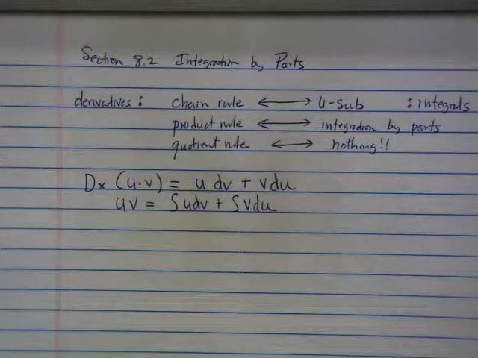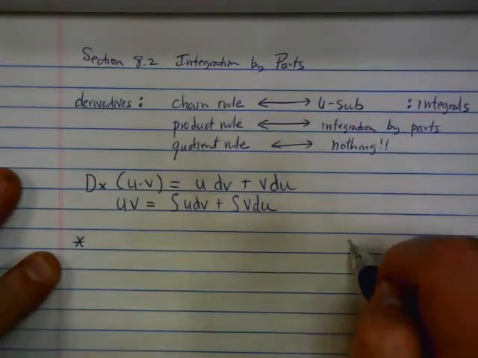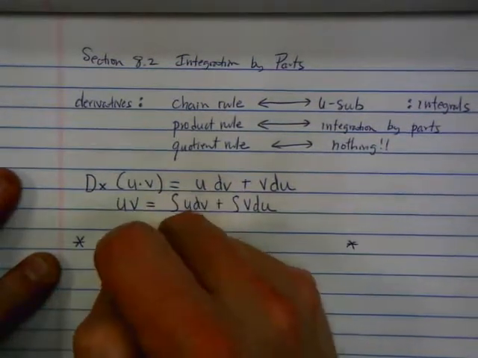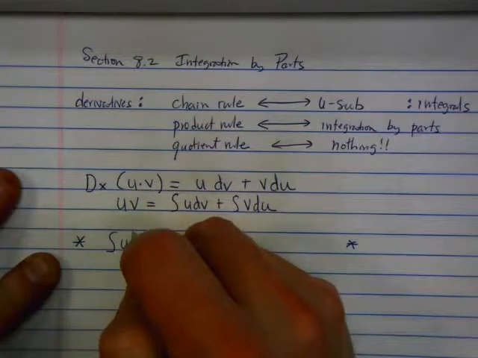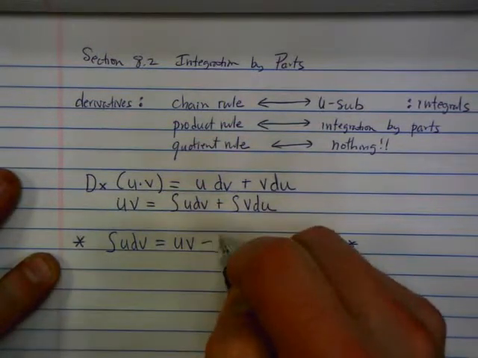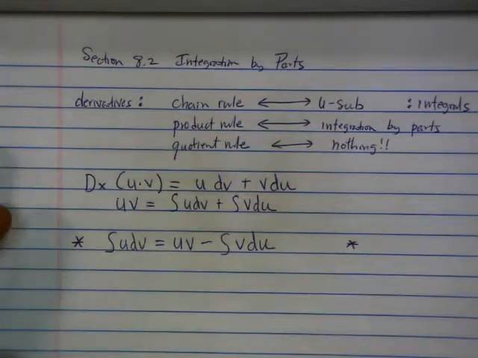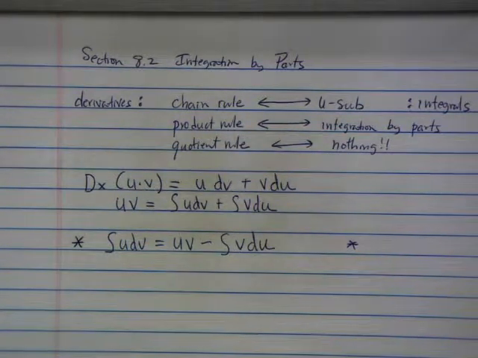So the way you typically see this written, this is the formula that we're going to use over and over again today, 1,000 times. The integral of u dv is u times v minus integral v du. So there's your integration by parts formula, and it comes directly from the product rule.